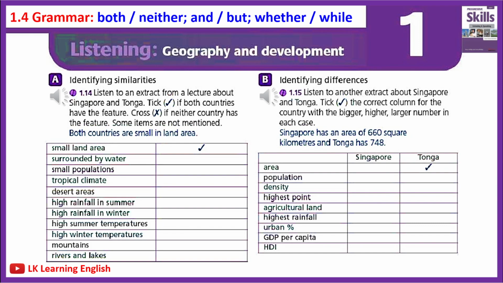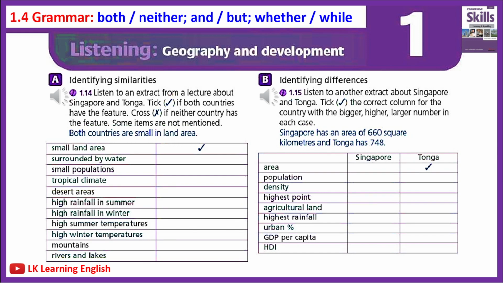Tonga, on the other hand, has a much smaller population at 122,000 and a much lower density of 165. Many of its islands, in fact, are uninhabited. Both countries are flat, as we have heard. The highest point in Singapore, Bukit Timah, is at 166 metres, against 1,033 metres in Tonga. The area in Tonga has no name, by the way.